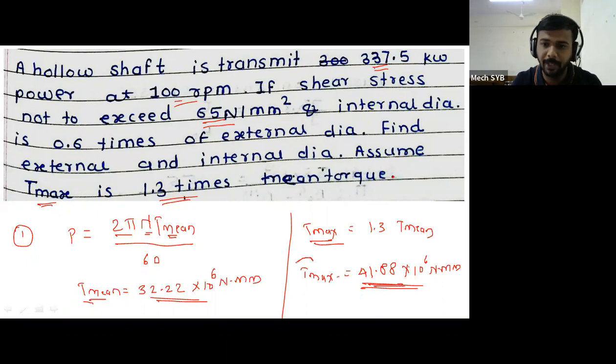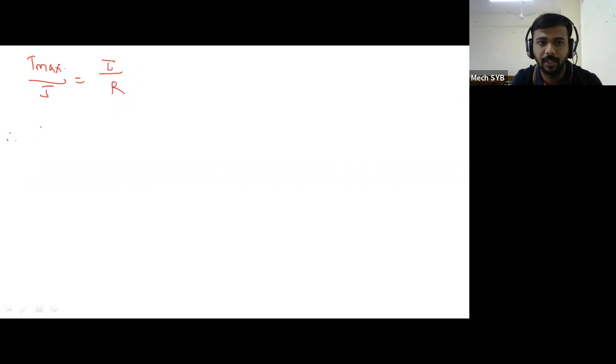Now this T max value we have to use in the torsion formula for the diameter calculation. We have the formula based on the shear stress, T max upon J is equal to tau upon R. Here, what is important, let us see.